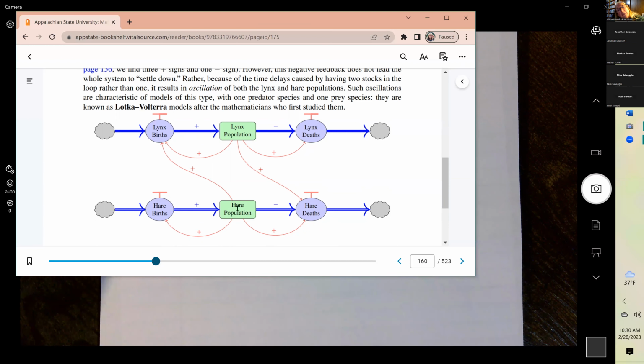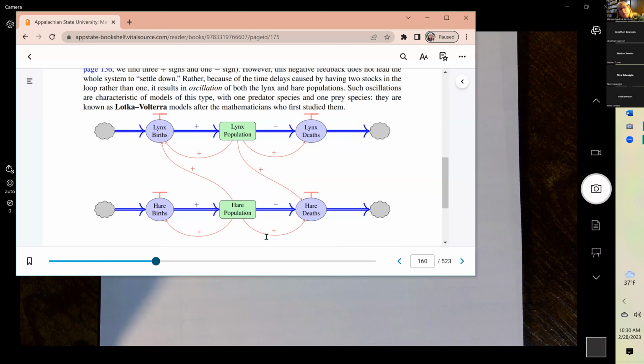If this increases, then this will increase because the lynx have more to eat, causing more births. So the bigger the hare population, the more lynx births there will be. So that would be this one here. As this grows, you have more births because they have food, which means there's more deaths because they're eating them. And that would be our loop.